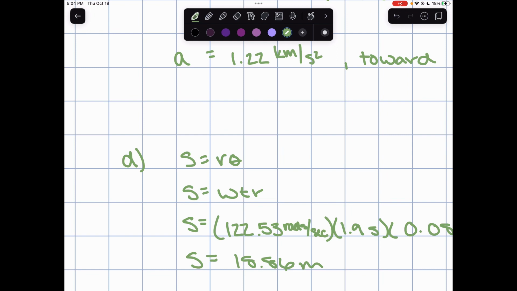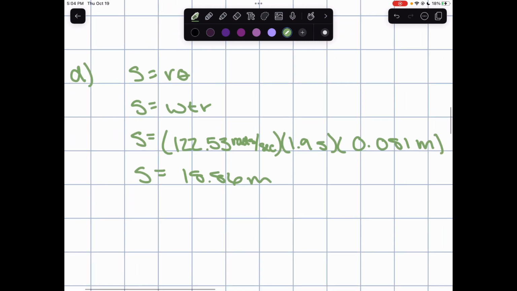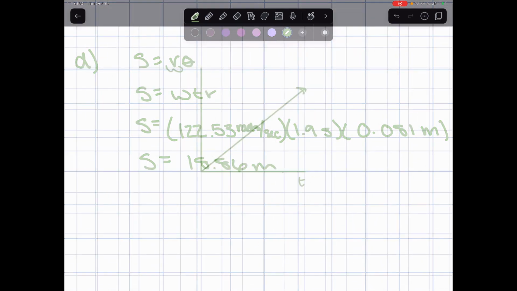Then we can plug in the angular velocity times time times r. Finally, we can plug in our angular velocity, the given time, and the radius, this time in meters, and then we can do the algebra to find that the arc length is equal to 18.86 meters.